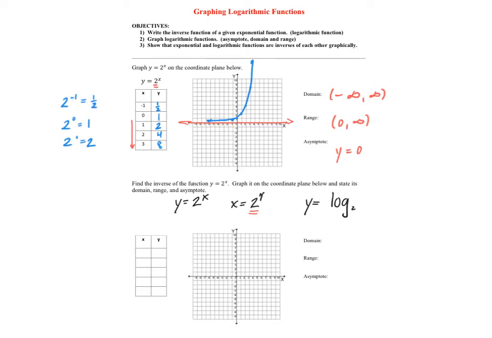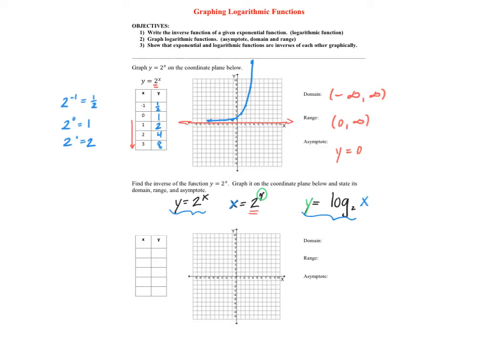The exponent is always the value that goes on its own. So you can see it was a y equals. And the argument is the one that currently is on the left side of that equation. This is going to be my argument. So I just rewrote this exponential equation as a logarithmic equation, and I did that by finding its inverse.